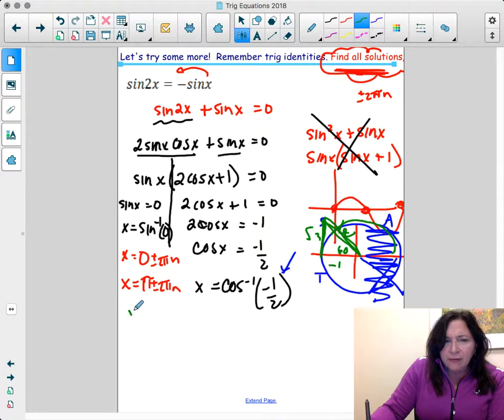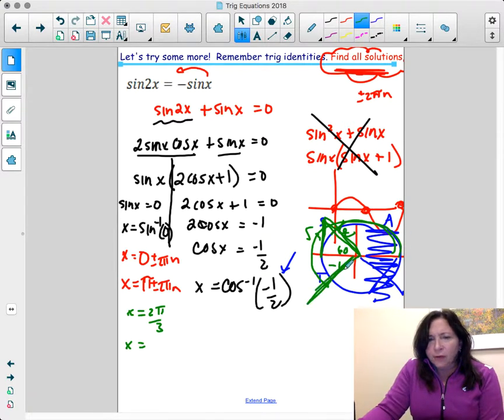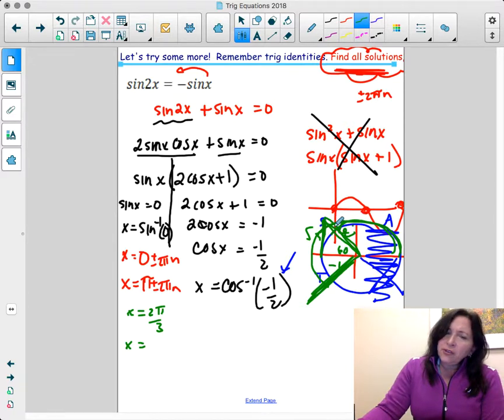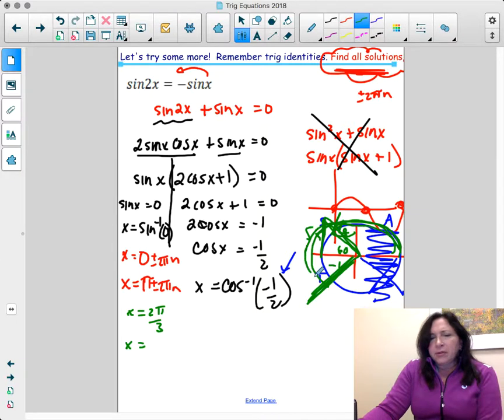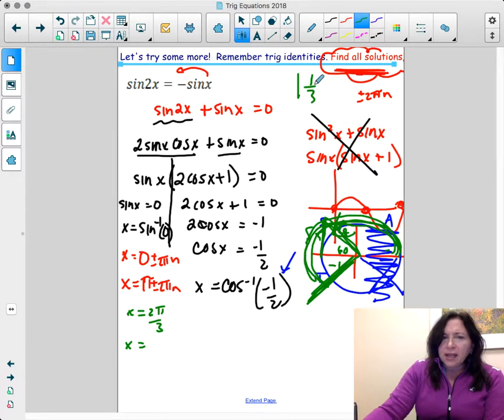So now I have x equals 2 pi over 3, and x equals, because I now have to go down here and also find out where I am. If this is 2 pi over 3, then this is going to be 1 pi plus 2 pi over 3. So 1 plus 1/3 is going to be 4/3 pi.